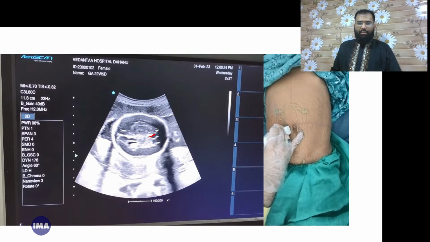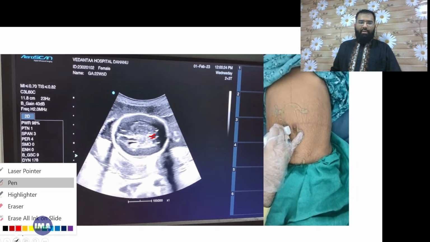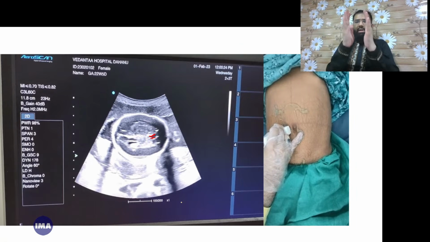This is called the cavum septum pellucidum. The cavum septum pellucidum is actually the space which lies between the two septae, that is the future corpus callosum.